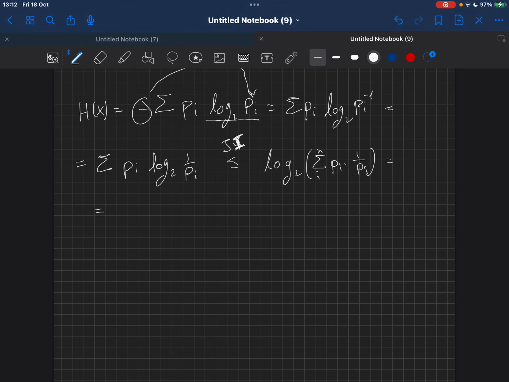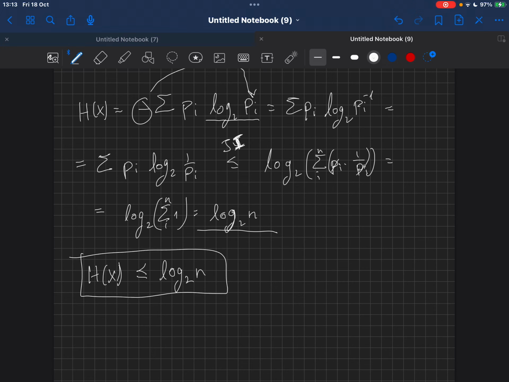So it's log base 2 of n. And this is the real result. The entropy of a random variable is always less than or equal to this value, and it equals it when all the values of the random variable are equal.